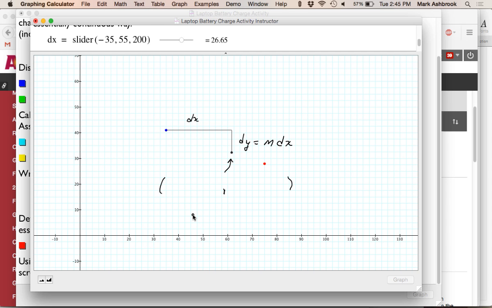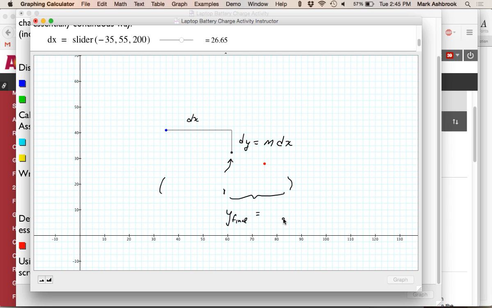Okay. Now let's think about this. And then this is y final. And what's the mathematics behind y final? The y-coordinate of that point is the final value of y. Remember from earlier in class?